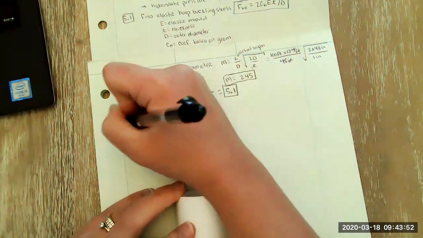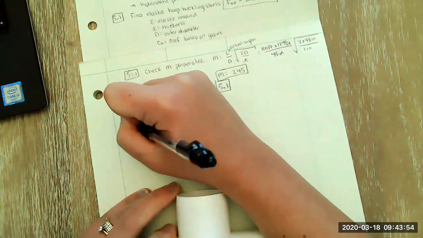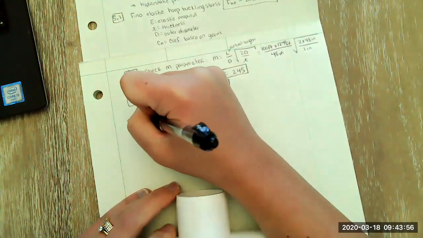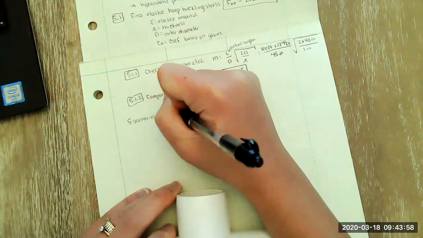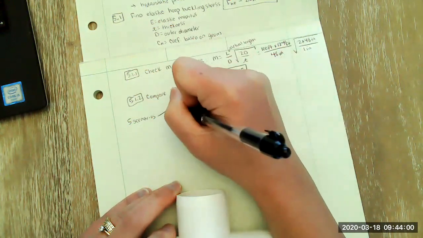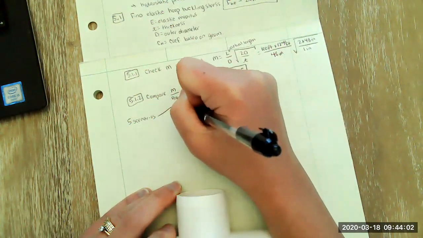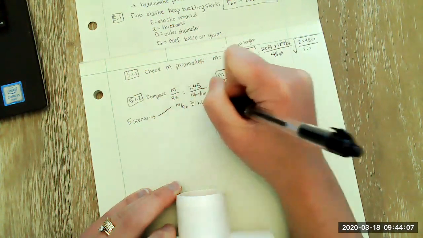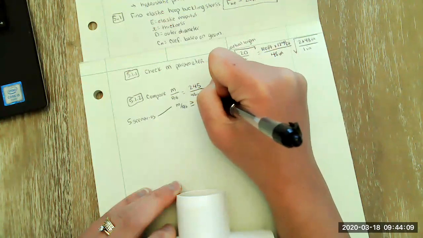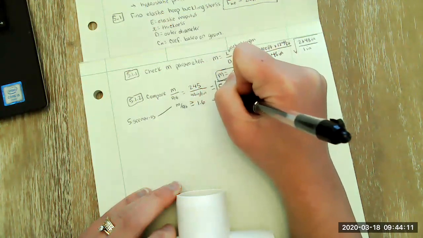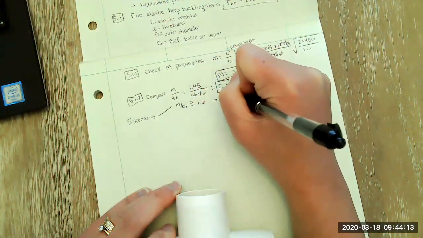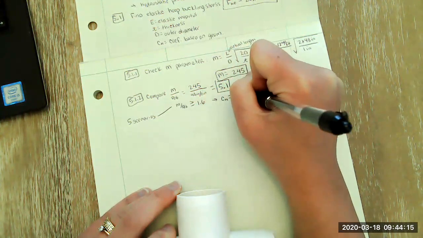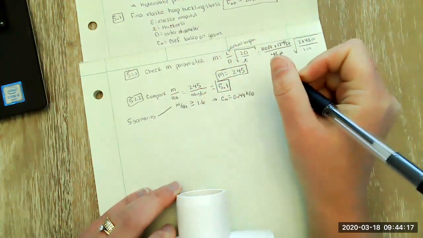So with 5 scenarios, the first scenario, we have m over d over t, which is greater than or equal to 1.6. This gives us c sub h is equal to 0.44 times t over d.